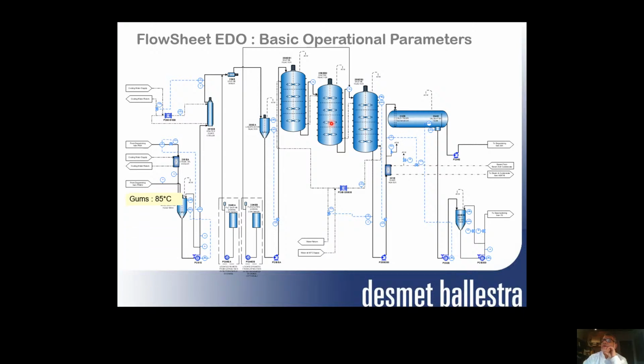Some basic operational parameters of this flow. As we mentioned before, the gums come from the water degumming section at 85 degrees, but then are mixed with cooled crude oil at 40 degrees, which makes a mix of gums at 70 degrees C. But we still need a lower temperature to make a good enzymatic reaction, so we still need to go lower, to some figures about 55 to 58 degrees C, with gums liquefaction and the gums reactions, as we mentioned before.